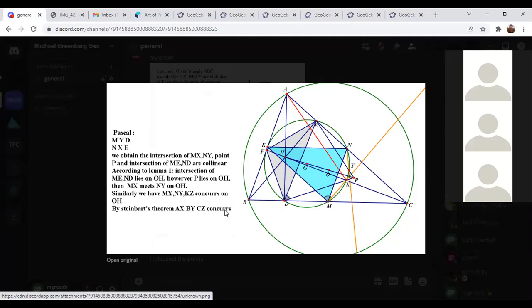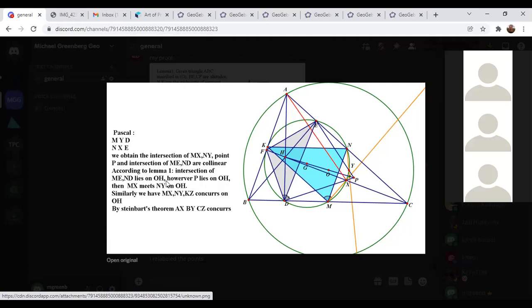Okay, so the intersection of ME and ND are collinear.